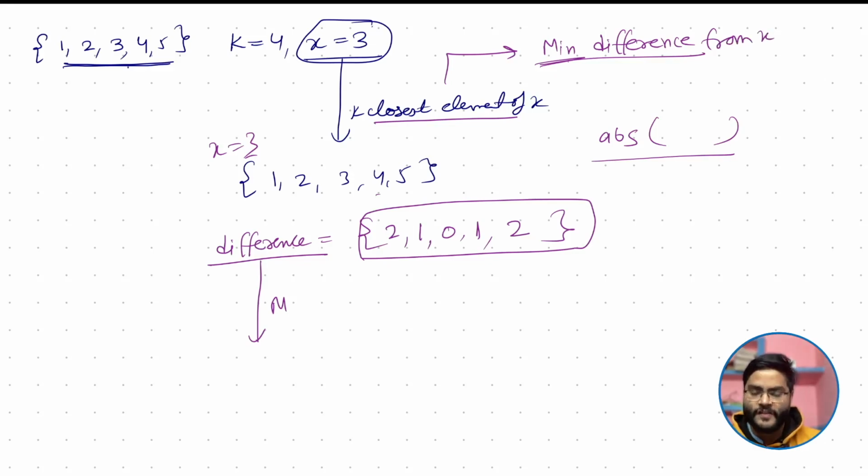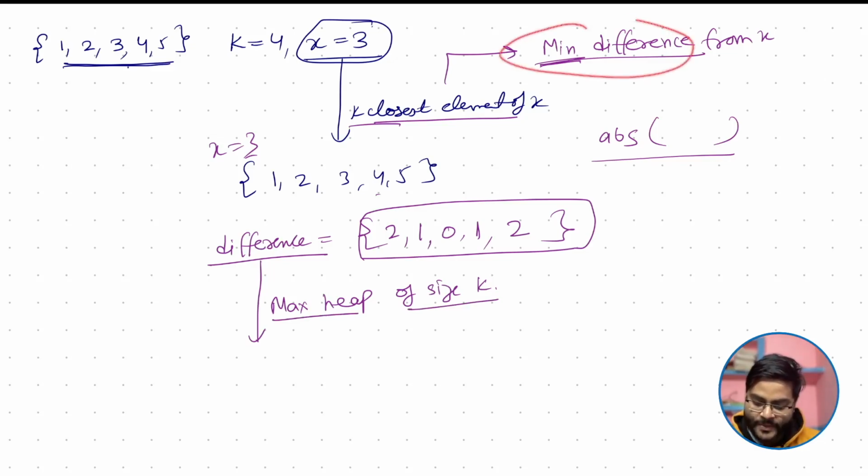If we want the minimum difference, we can use a max heap of size k, because we want to find the k closest. If we wanted the maximum difference, then we would use a min heap of size k. That will give the optimal time complexity in terms of the heap.